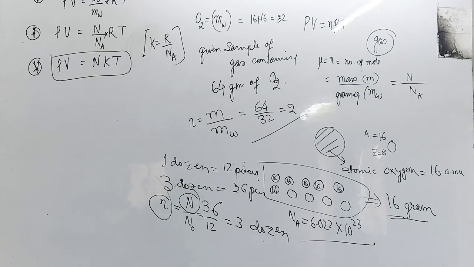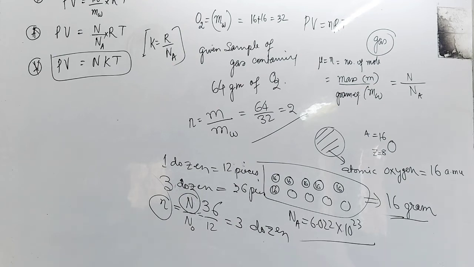We have three different types of ideal gas equation. One containing the mass and the molecular weight, and another containing Boltzmann's constant, that is PV is equal to NkT, where N is the total number of molecules present.